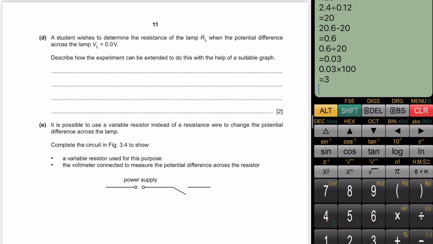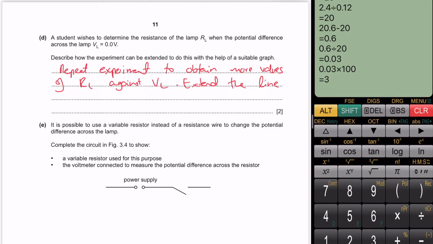So what we can do is, for a graph we need to have at least 5 values. Repeat the experiment to obtain more values of RL against VL. Extend the line to the RL axis and read the value at VL equal to 0.